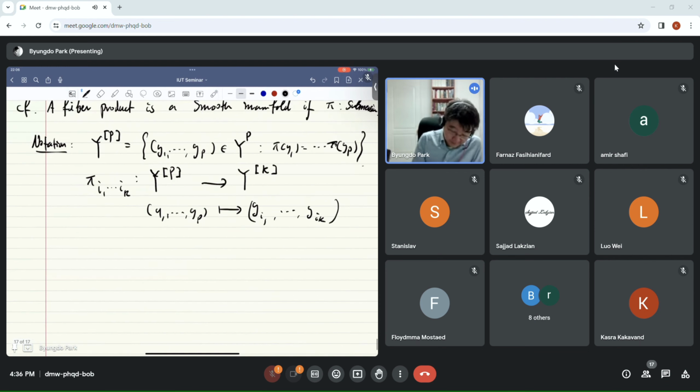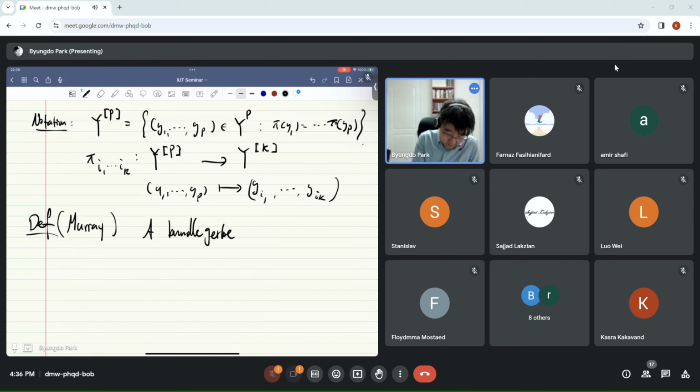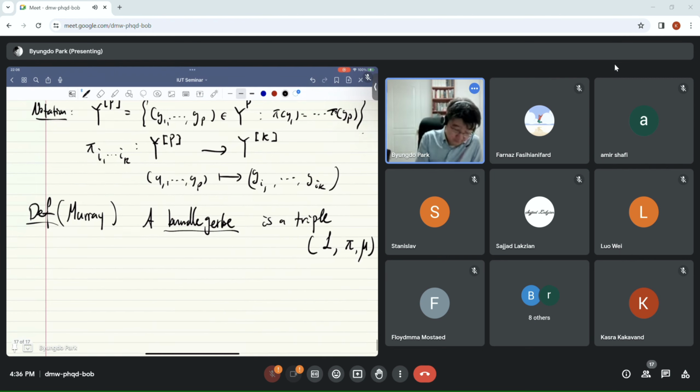So yeah, and here comes what a bundle gerbe is. This is due to Murray. A bundle gerbe is a triple L, pi, and mu. It's not difficult.